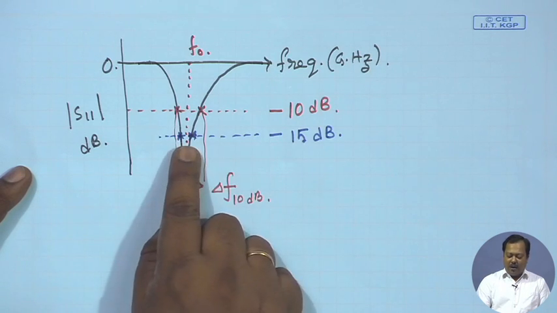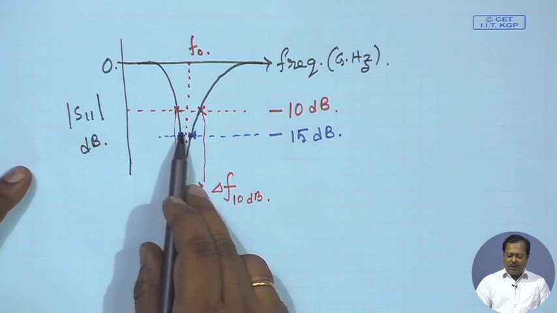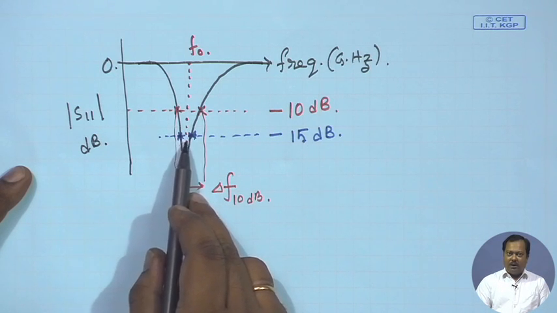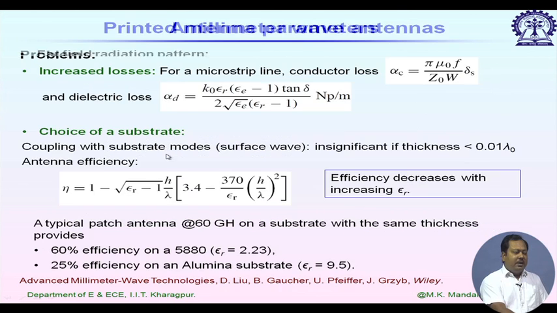So, over this band, we can say that at least 95% of the power is accepted by the antenna port. With this definition, now let us see what problems we face at millimeter wave frequencies.